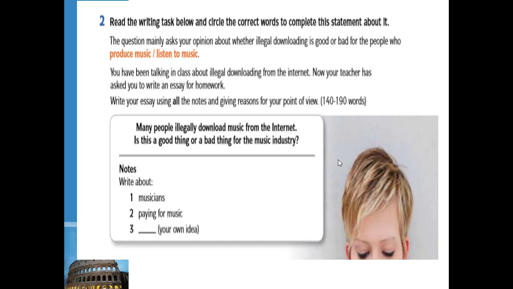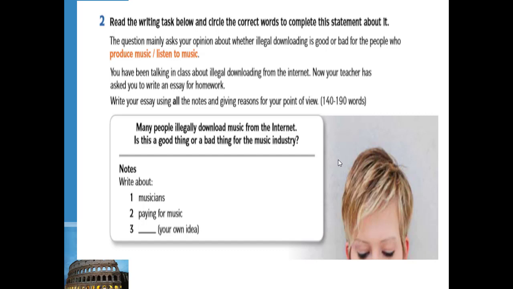So what do you say about illegal downloading? Is it a good or bad thing for the music industry? You may share your views later with me. Alright, for the first sentence up there, which one is the suitable answer to complete the sentence?